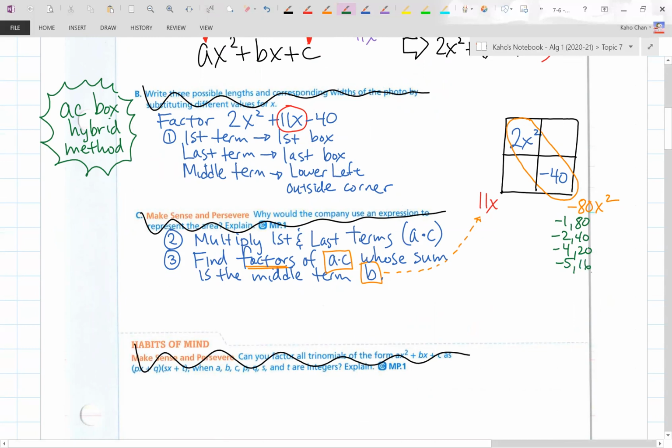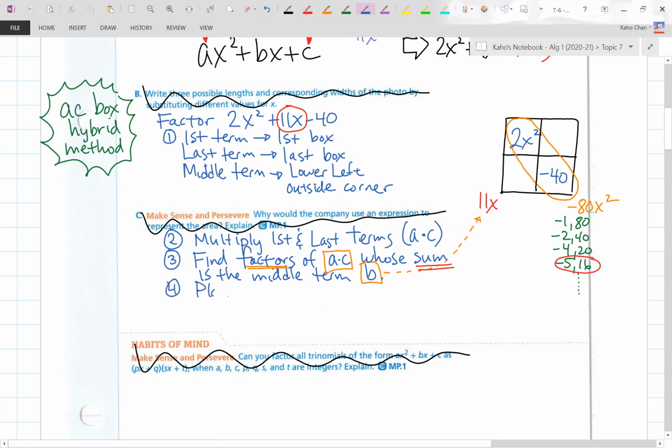Negative 5, and there's actually a lot more after that, but negative 5 times 16 is negative 80. Negative 5 plus 16 is positive 11. That, ladies and gentlemen, is your sum. That matches it. Okay? Step 4.